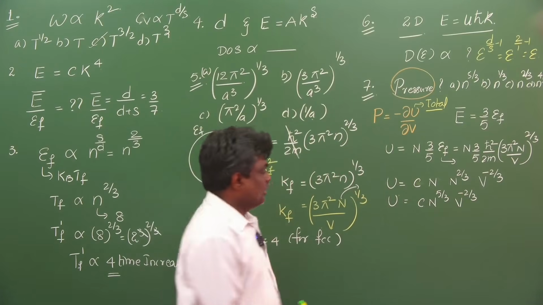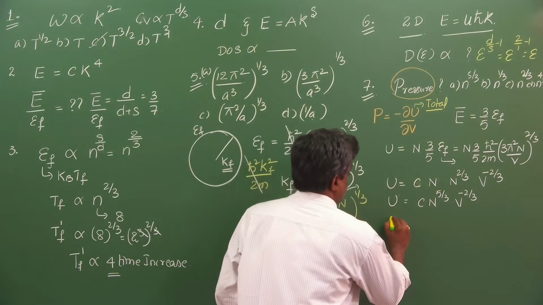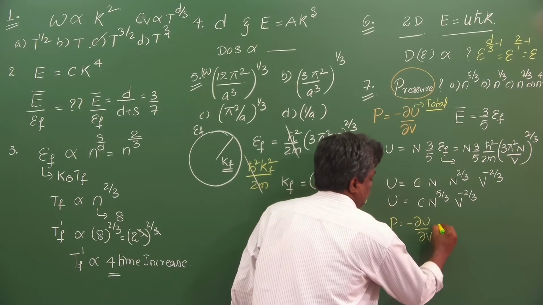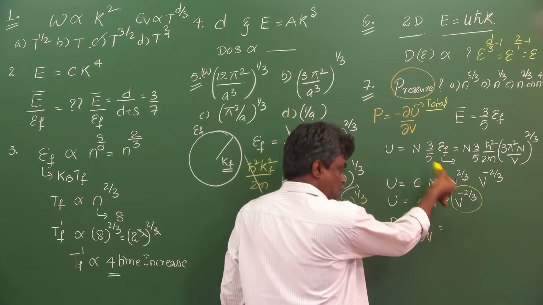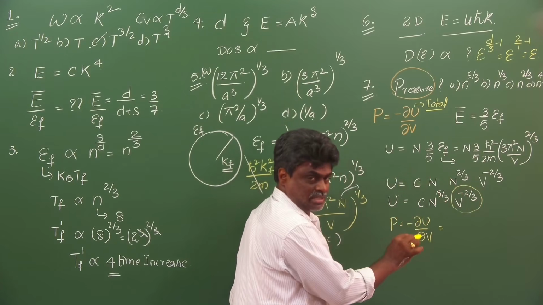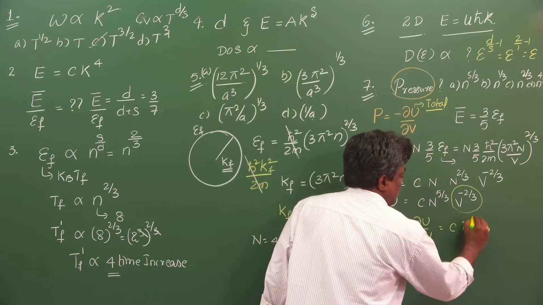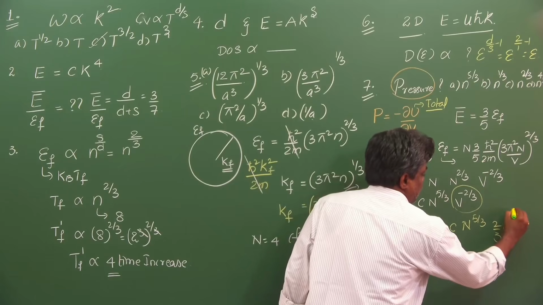Now, pressure P equal to minus dou U by dou V. Differentiating with respect to V, the minus signs cancel, giving a constant times N power 5 by 3, V power minus 5 by 3.